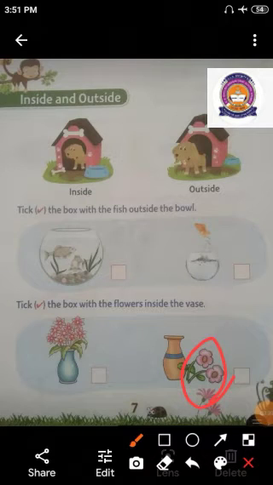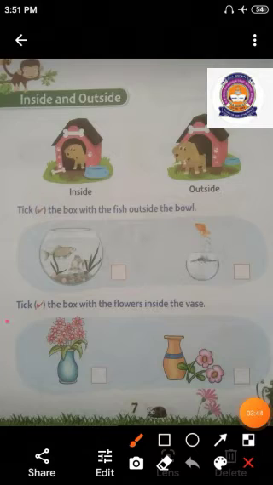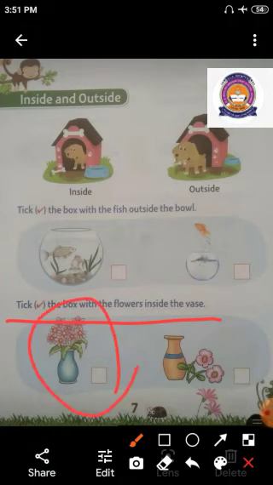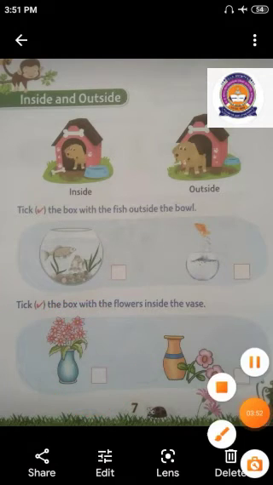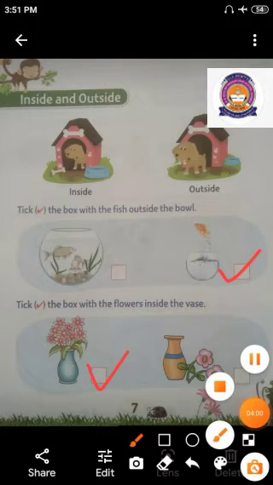Two flowers. Right? So, see the headline. Tick the box with the flowers inside the vase. Inside the vase means the first vase. So, you have to tick the right mark in the first flower vase. Okay. This type of activity you have to do.